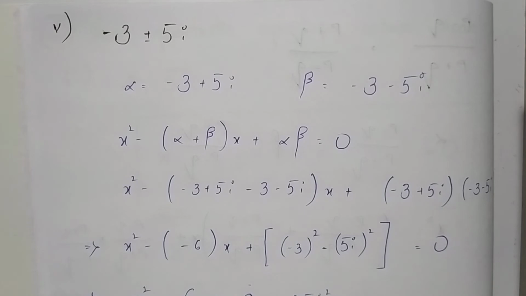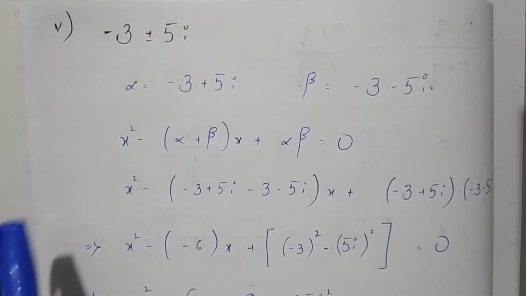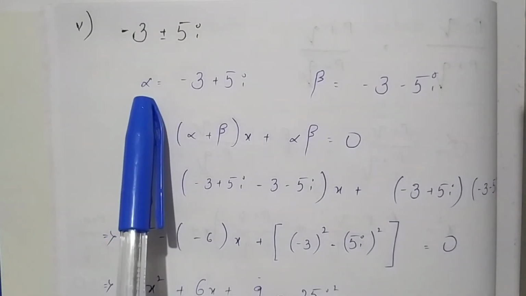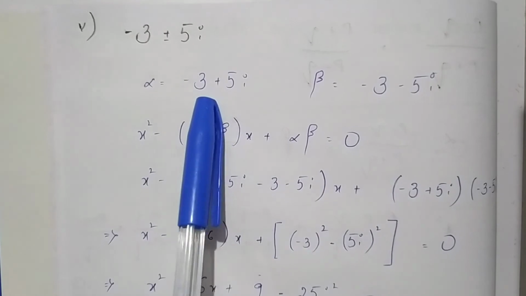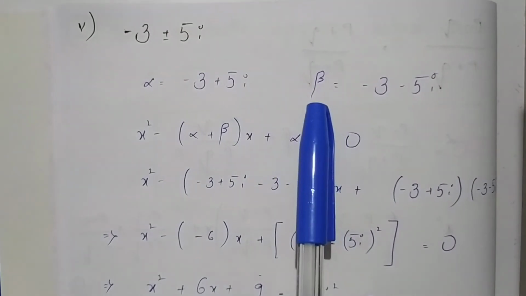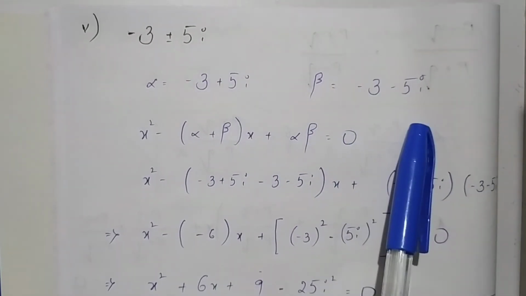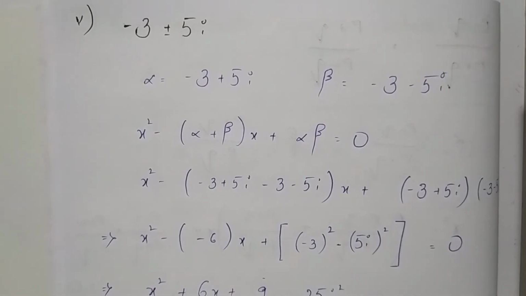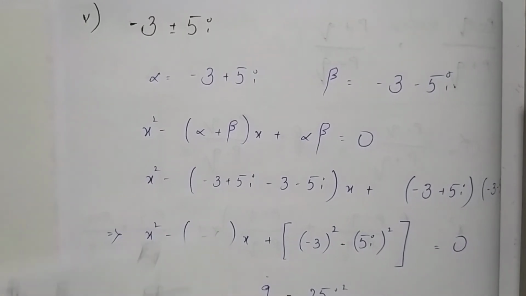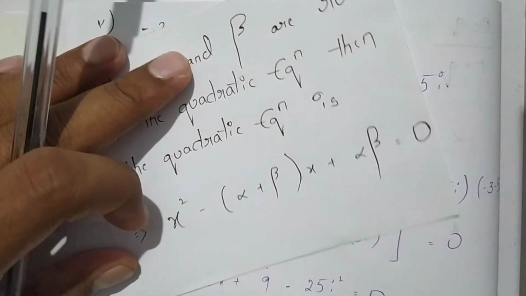If you have not studied, you will know as you study the chapter complex numbers. Now we take the value of alpha as minus 3 plus 5i and beta as minus 3 minus 5i. So we substitute the values of alpha and beta in this equation.